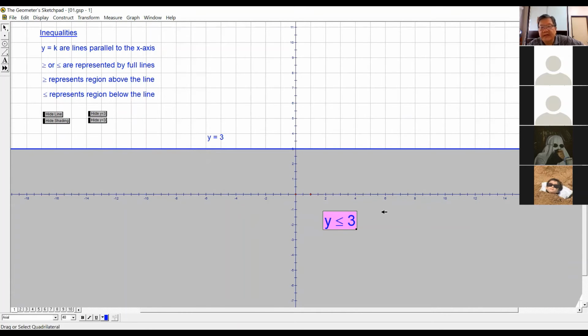If I say y less than 4, you draw the line y equals 4, then shade below. If I say y greater than 5, you draw y equals 5 and shade the top. Okay?